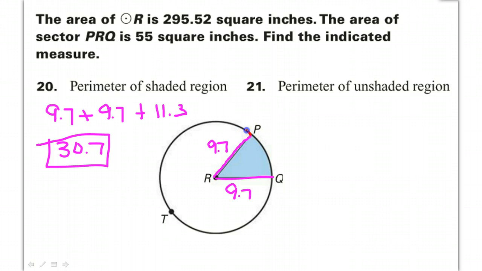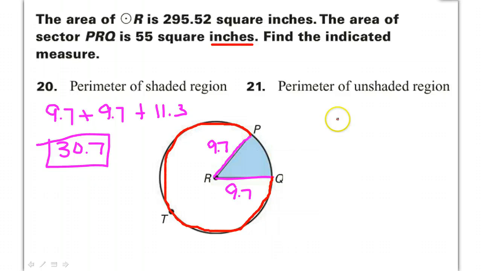Now the rest of the perimeter is this area that goes all the way like this. So that's like 360. Well, that would be degrees, so we have to be really careful. We're not going to do 360 because it's not degrees. This is length, like inches. But you're on the right track though. We have the 9.7s.